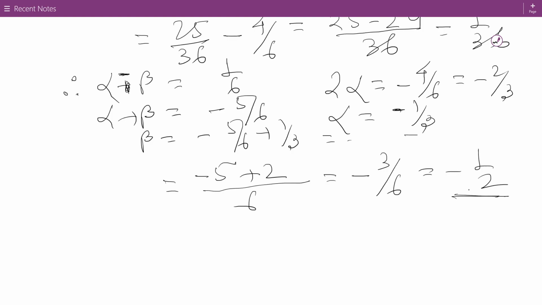You just calculate in this way all the roots of this equation.